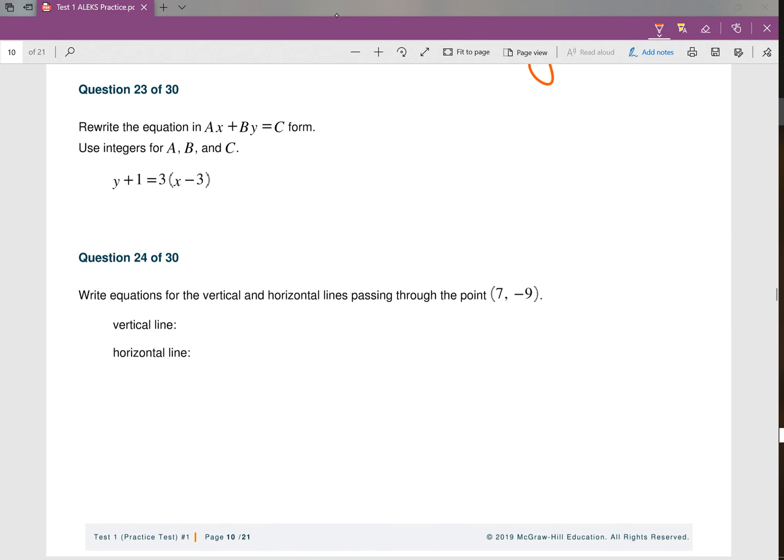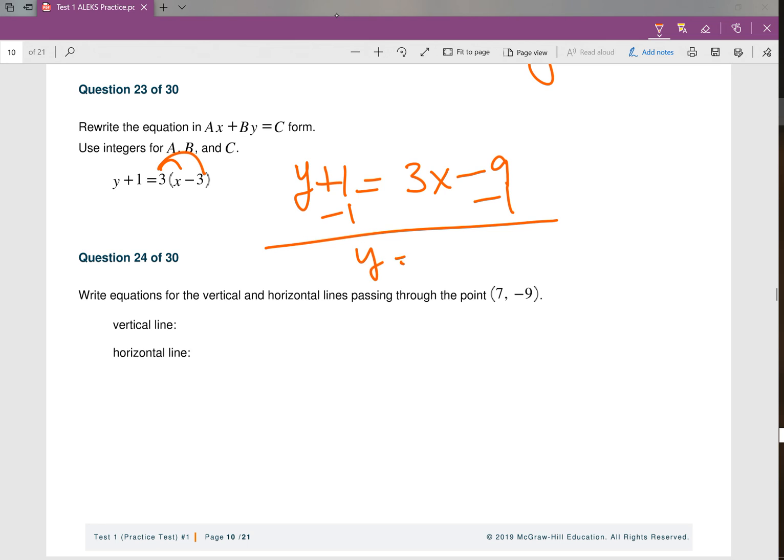It says write the equation in ax plus by equals c form, and they're giving you that. So basically you distribute the 3 and you get y plus 1 is equal to 3x minus 9, and so we're going to subtract 1 on both sides, so y is equal to 3x minus 10.